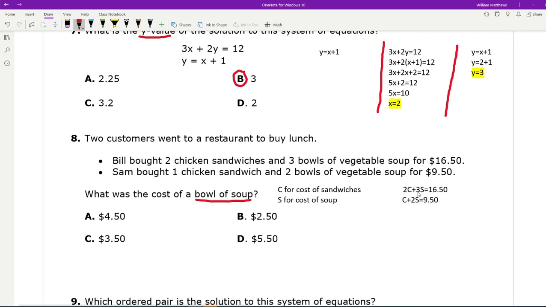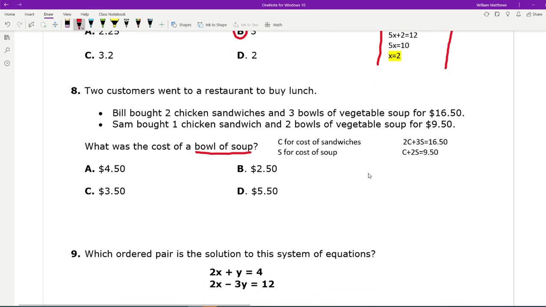Now this time, they are not already solved for a variable, so I have a choice to make. I can go for substitution, or I can go for elimination. Since I haven't shown elimination yet, I'm going to go over that.